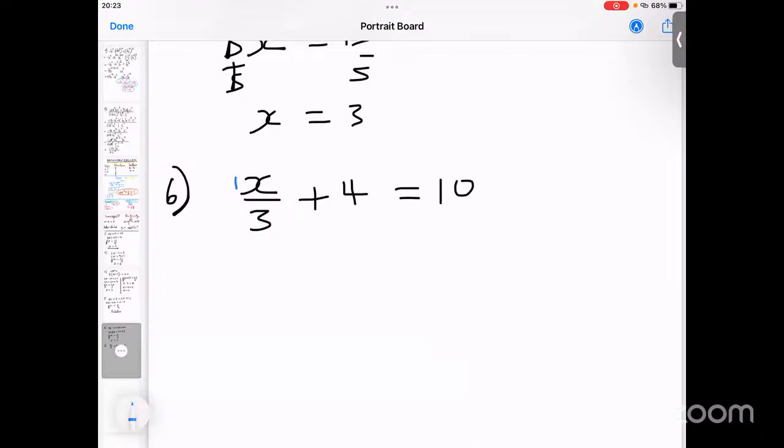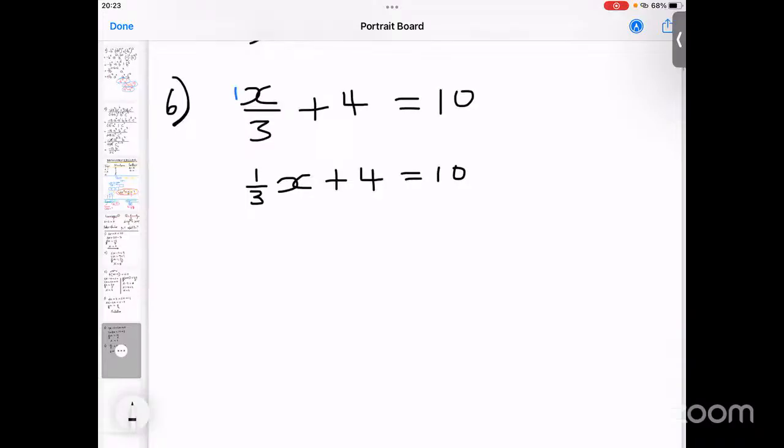If there is nothing, just know that it is 1. So in other words, this thing, if you do not want to confuse yourself, just take it as 1 over 3x, where it is being added to 4 and that being equated to 10, just so that you do not confuse yourself.